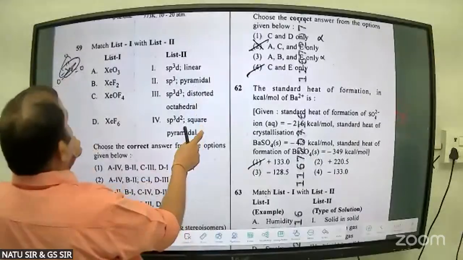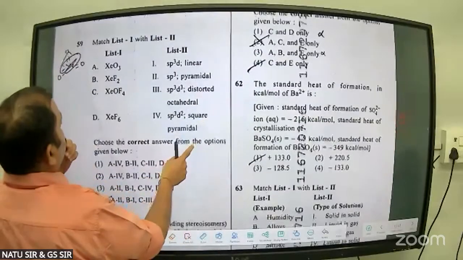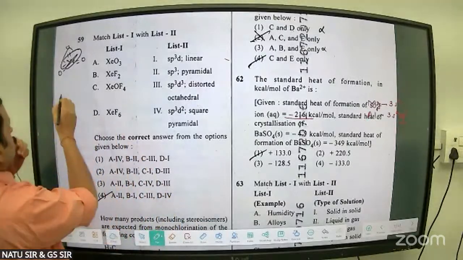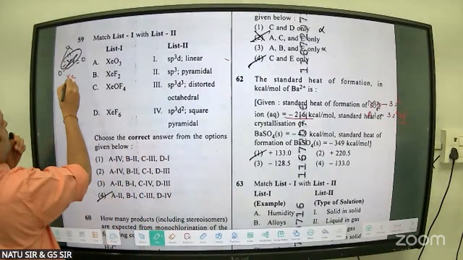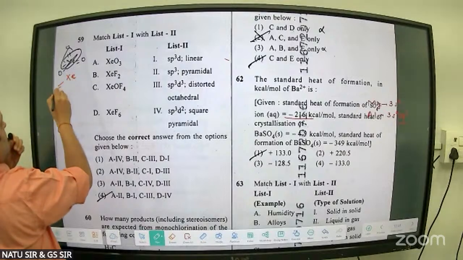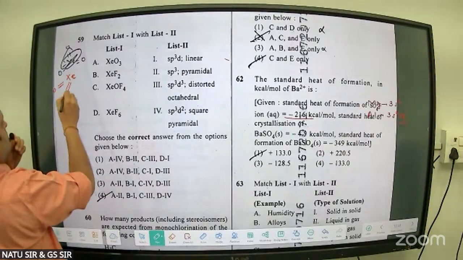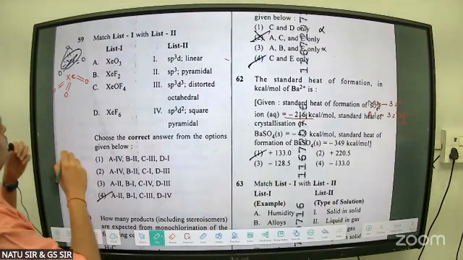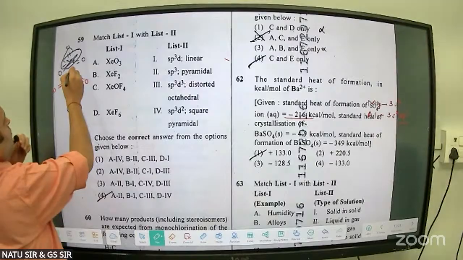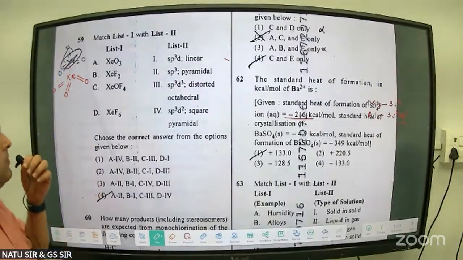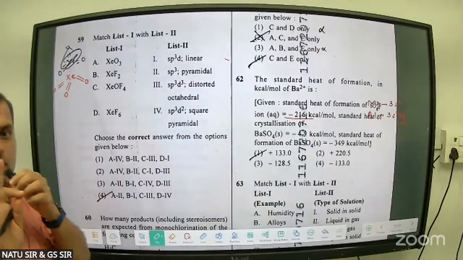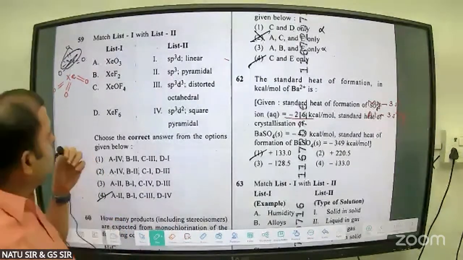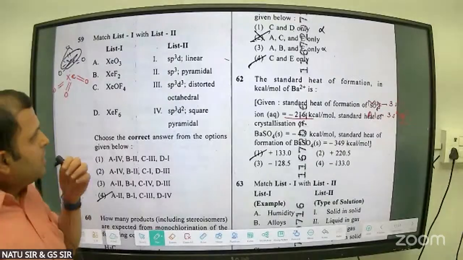Then 59. Match the list with this one. So let us draw the structures. H3O plus will be what? H, O with three bonds, and it is having one lone pair also. So what is the hybridization? sp3 hybridization, because there are a total of 3 sigma bonds plus one lone pair. So sp3 hybridization, and geometry will be pyramidal, right?